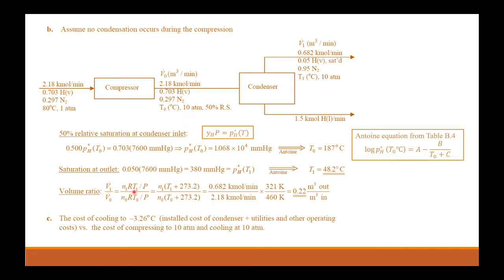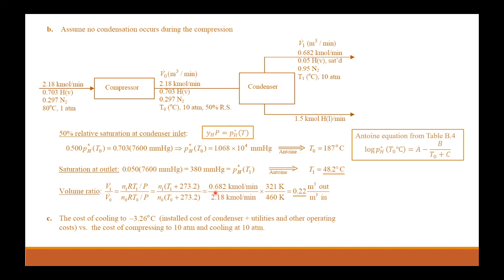The only difference is the temperature. So we have N1 multiplied by the temperature in Kelvin, that is plus 273, divided by NO multiplied by the temperature in the inlet stream.